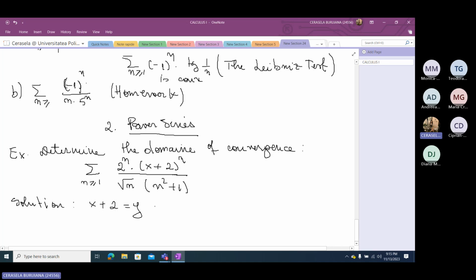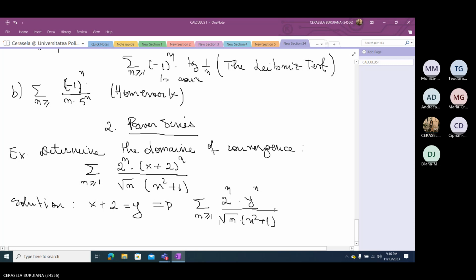If I denote x+2 by y, I immediately get a new series: 2^n times y^n, everything over square root of n times (n^2+1). Why do I do this change of variables? Because I want to obtain a power series and then apply the theory I know from power series.